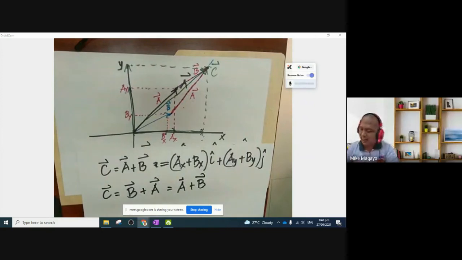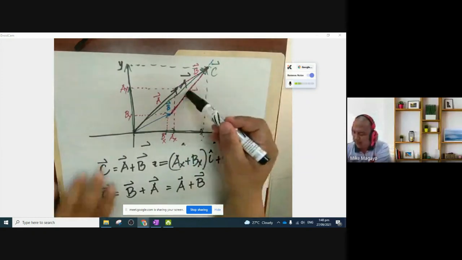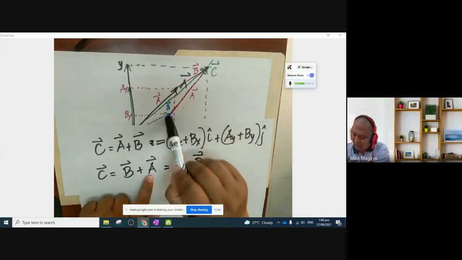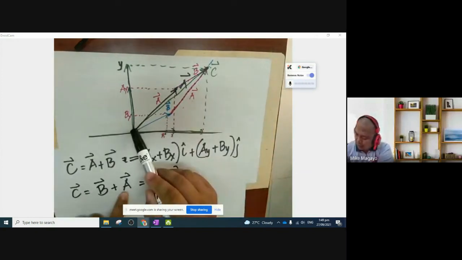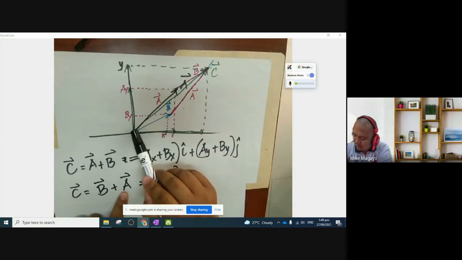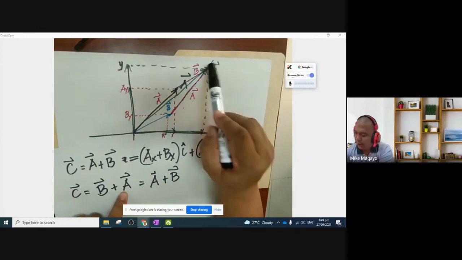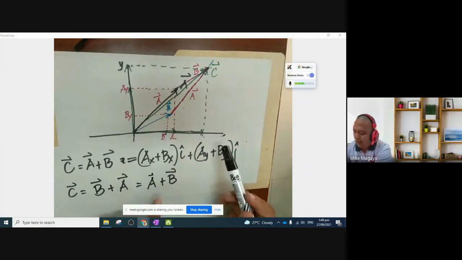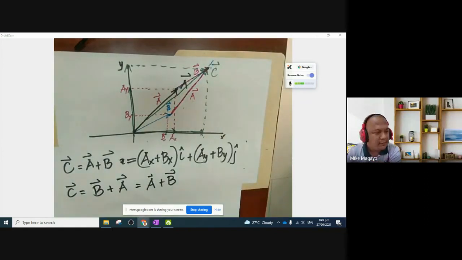What we mean is that we added the tail of the second vector, in this case A, to the head of the first vector, and then we could trace back from the tail of the first vector to the head of the last vector, or in this case, the second vector. We could still determine the resultant vector. In this case, it's vector C. Also, in the same manner, we could determine vector C by using A plus B. That's how you could do it with the head to tail method.